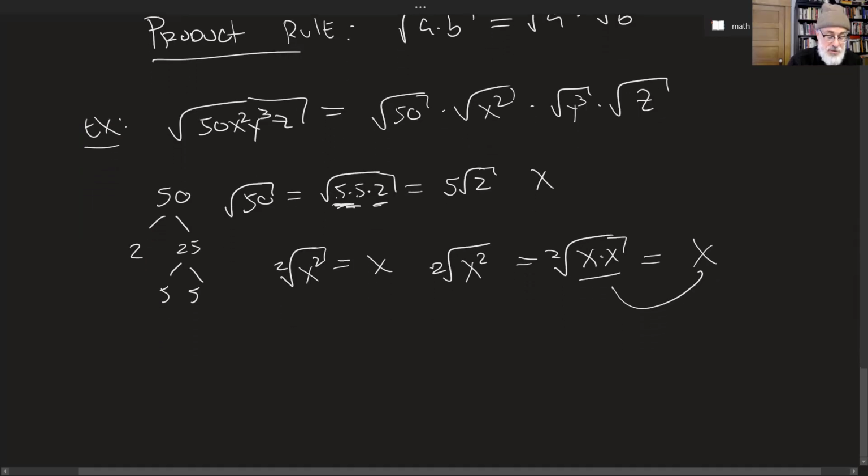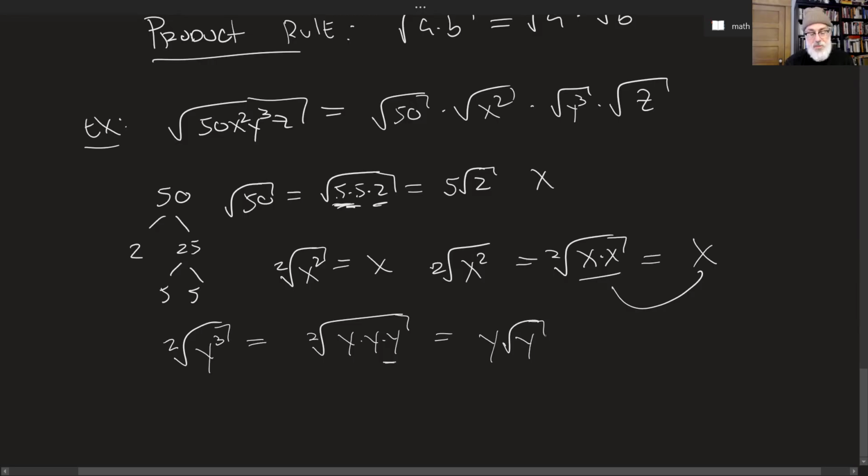What about y to the third? The square root of y to the third means the square root of y times y times y. So again, I'm going to bring out a pair, which means I bring out a y, but I have a single y here, and I have to leave it inside because it doesn't have a pair.